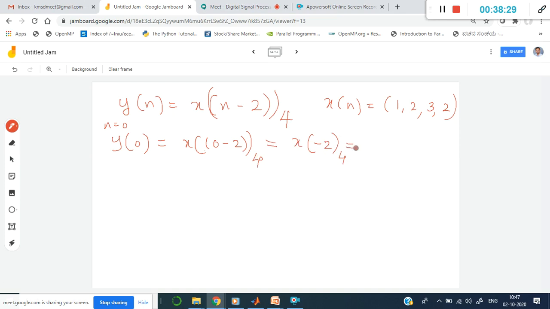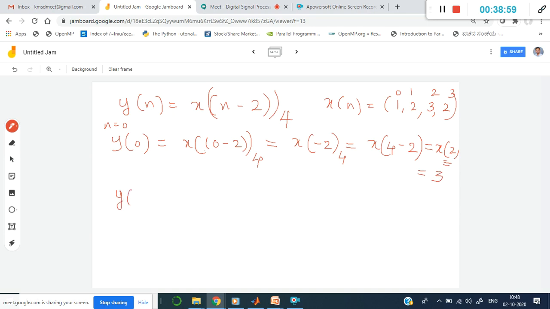You need to take a positive value all the time. So for negative values, that is 4 minus 2, which means the new signal y of 0 must be the x of 2 position, that is 0, 1, 2, 3, which means that y of 0 will be 3. That is what it means.